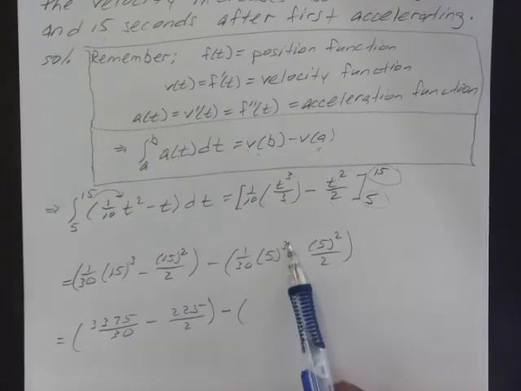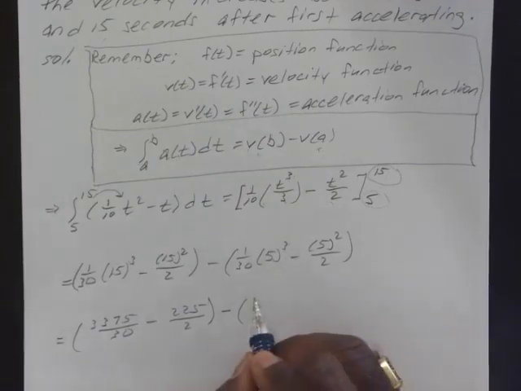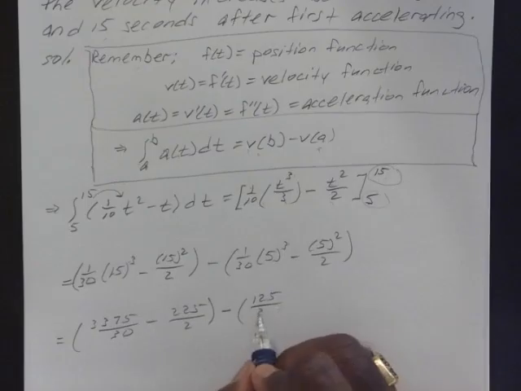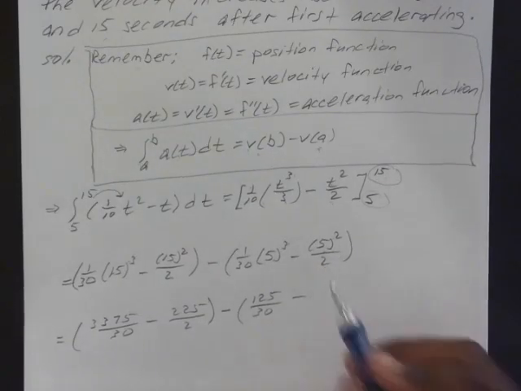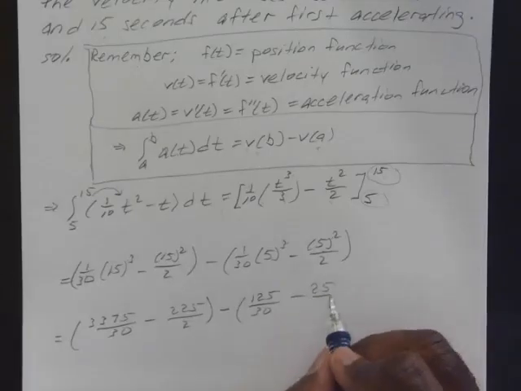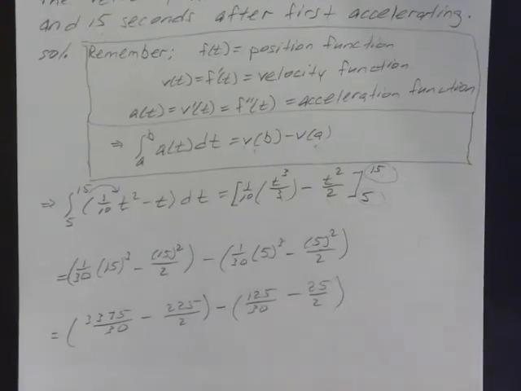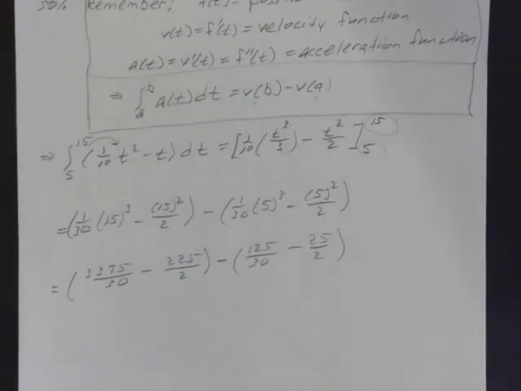Minus 5 to the third power, which is 125 over 30. Minus 5 squared over 2, which is just 25 over 2.